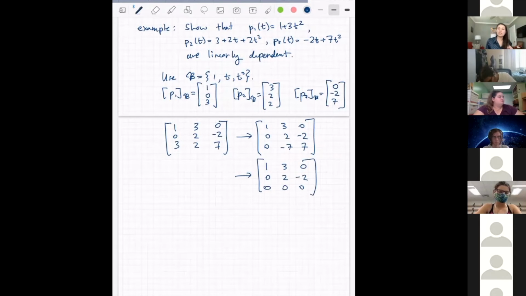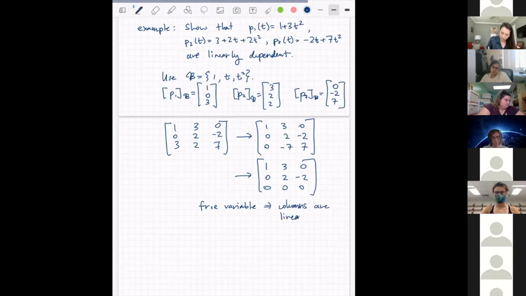Great. So this is the row echelon form, and from this we can tell that we have 2 pivot columns and 1 column that is not a pivot, so it corresponds to a free variable. So that means the columns are linearly dependent. And from this, we can conclude that these polynomials are linearly dependent in P2.